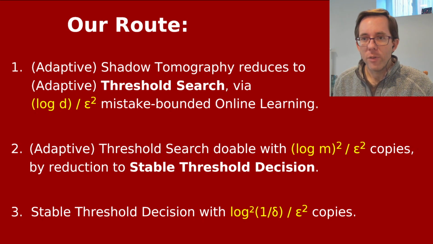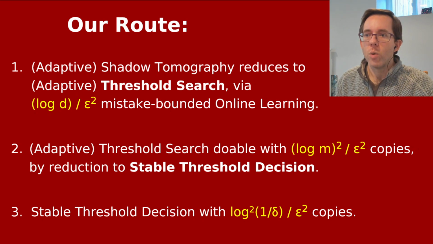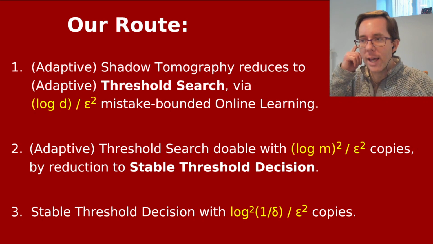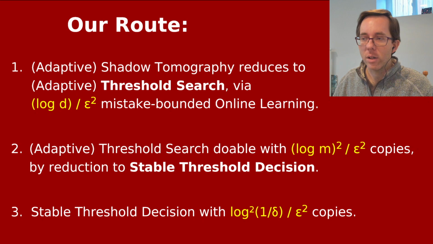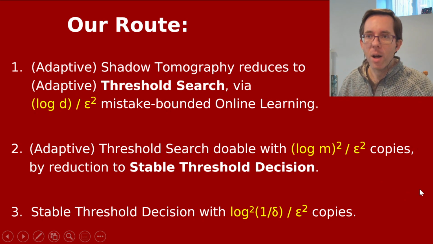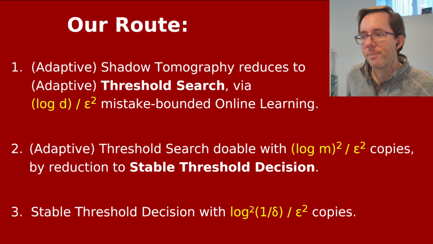The second part of the route is to show that threshold search can be done with log squared m over epsilon squared copies of your quantum state by further reduction to a problem that we call stable threshold decision. By multiplying these 2 quantities together, log squared m over epsilon squared and log d over epsilon squared, we get the log squared m times log d over epsilon to the 4th number of copies in our final bound.